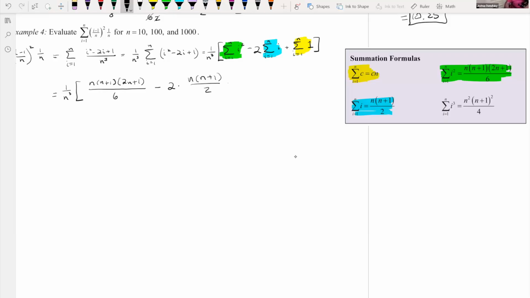And then finally, we're going to have our yellow formula, which is just taking the upper bound of summation, which is n, and multiplying it times the constant there, which is 1. So we're going to have 1 times n, and there it is. So once again, this is our green formula. This is our blue. This is our yellow. And so now we get to clean all this up and then see what comes of it.